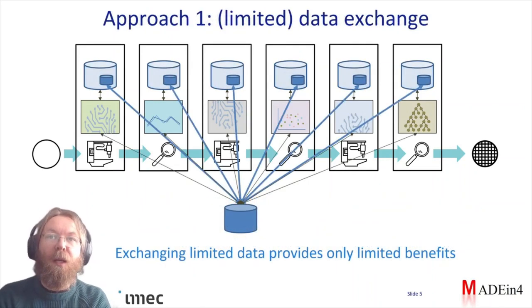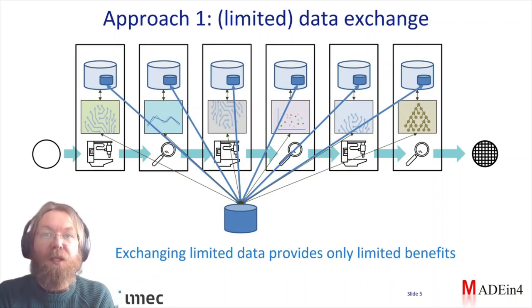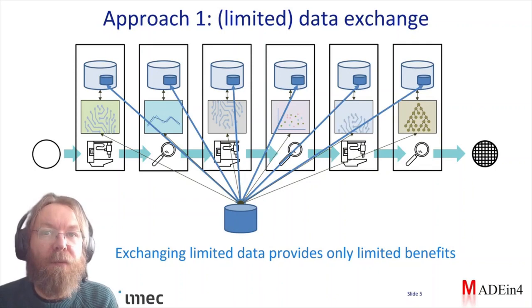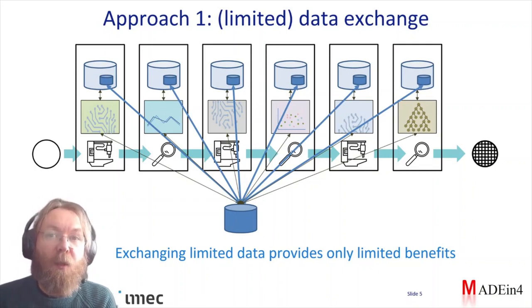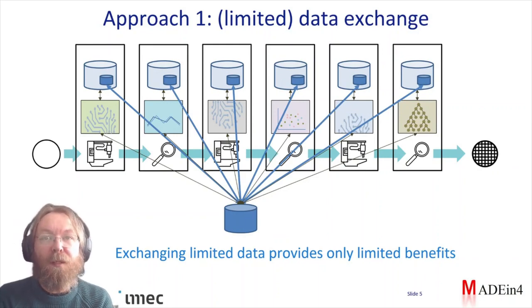Now, I already briefly mentioned it, but one approach, and one that is actually being followed and for which standardization is available, is that subsets of this data are being shared. The problem is these are only subsets, and they can be shared with a fab.